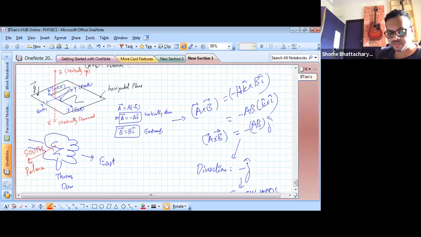Minus j is southwards, right? It's not plus zero. There is this minus sign here. See this minus sign? K cross i is j, but the minus sign is there, right? That's why it is minus j. It's negative of some quantity into j. So what is the direction? Minus j. Is it clear now, Sarvesh?